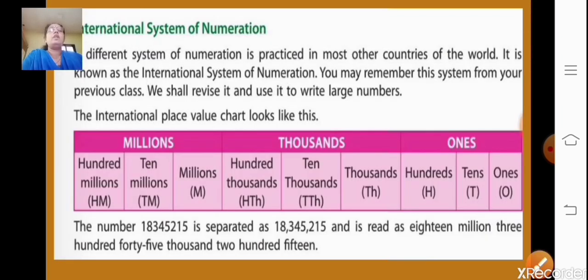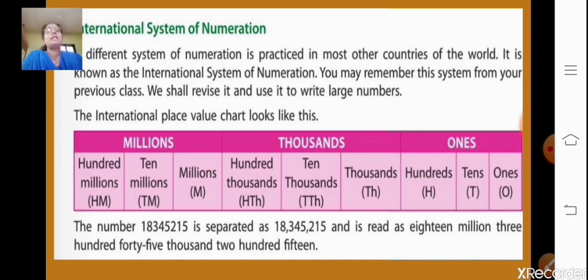Now we also have learned about the international system of numeration. In the international system, in ones period you have three places, whereas in thousands and millions period also you will have three places. In ones you have ones, tens, hundreds, whereas in thousands you have 1,000, 10,000, 100,000, and in the same way for millions you'll also have three places, that is million, 10 million and 100 million.